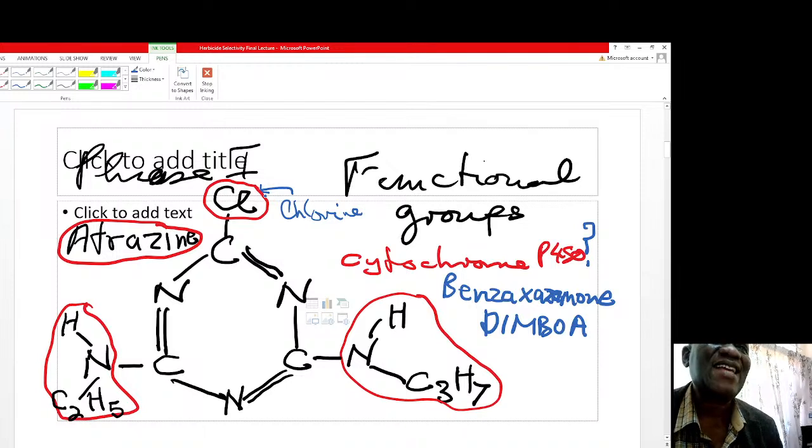In the next slide, I will just represent the structure of atrazine by calling it atrazine, so that we don't get confused.